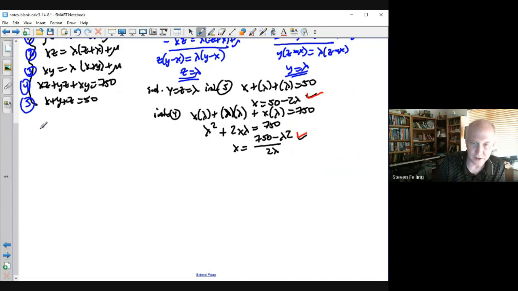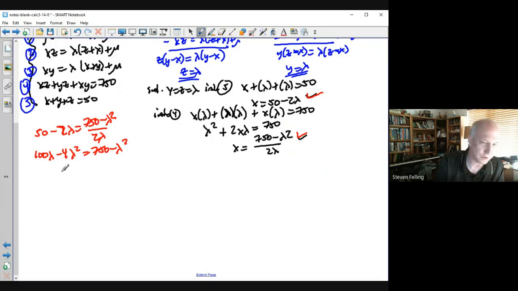So I could say, all right, 50 minus 2 lambda equals 750 minus lambda squared over 2 lambda. And if you multiply both sides by 2 lambda, you would get 100 lambda minus 4 lambda squared equals 750 minus lambda squared, which you can rearrange to get 3 lambda squared minus 100 lambda plus 750 equals 0, which then means you could use the quadratic formula.